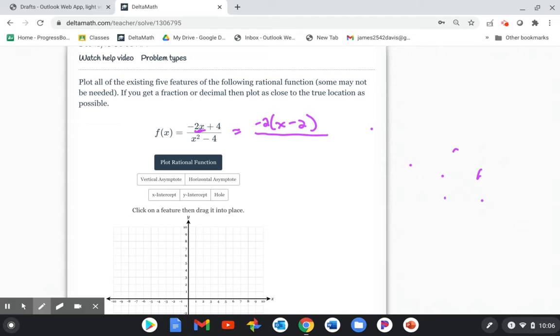Now the bottom is 2 terms, so you would think GCF. However, this is just one exception. Notice how they're both perfect squares. It's called a difference of squares. So we've got x squared minus 4. So this is actually going to become x plus 2 and x minus 2.